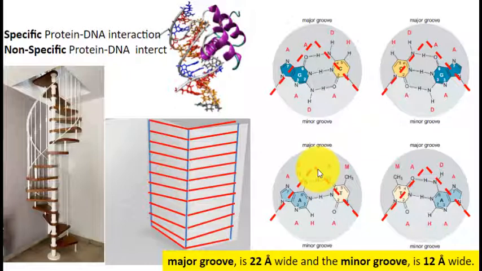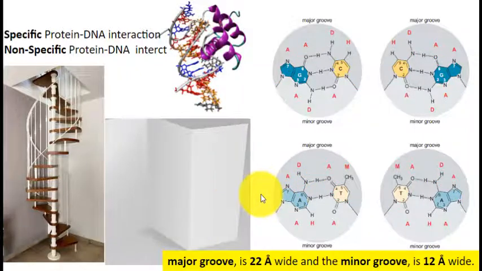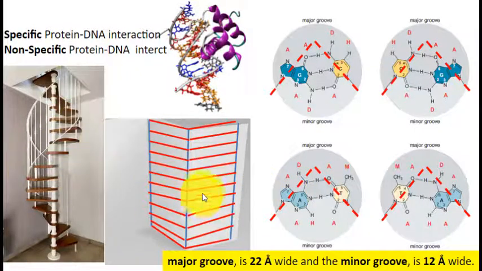Now let's have a look again at the major groove and minor groove in the 3D structure. In 3D DNA, one face of the DNA will always be the major groove, and the other face will be the minor groove.